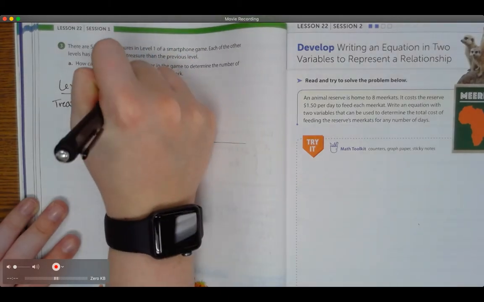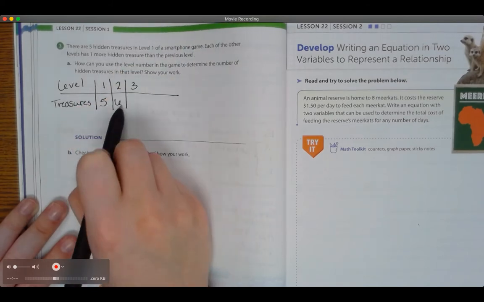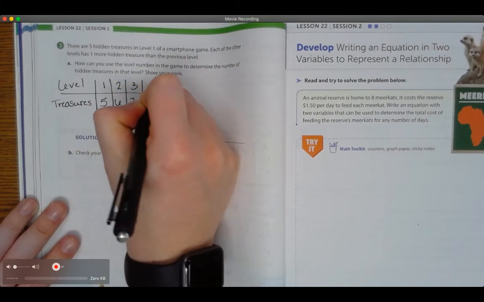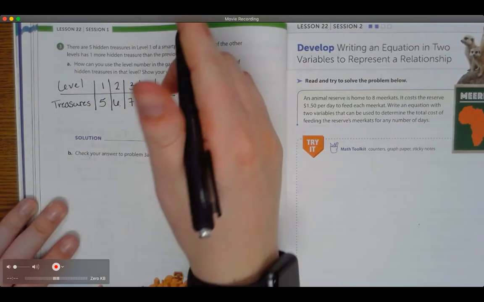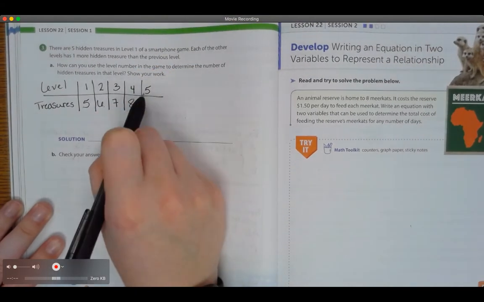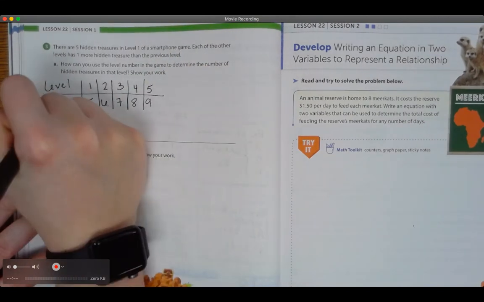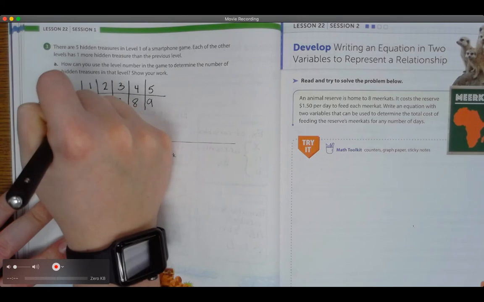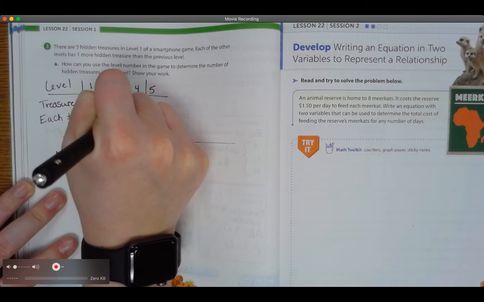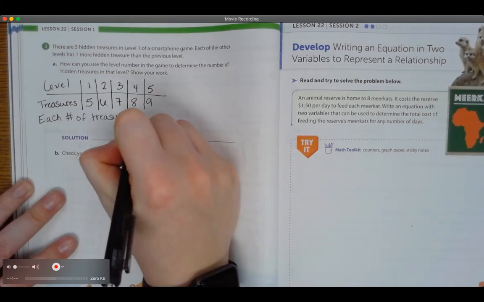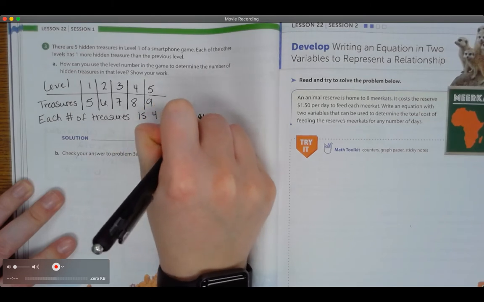Each of the other levels has one more hidden treasure than the previous level. So level 2, one more than 5 would be 6. Level 3, one more than 6 would be 7. Level 4, one more than 7 would be 8. Well, look what's happening there. Level 5, one more than 8 would be 9. So each number of treasures is 4 more than the level number.